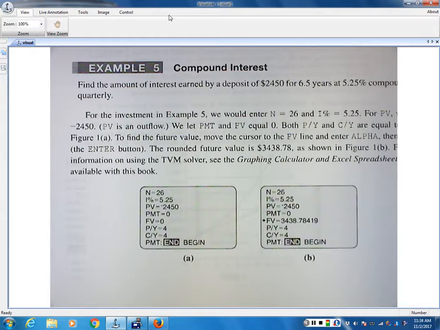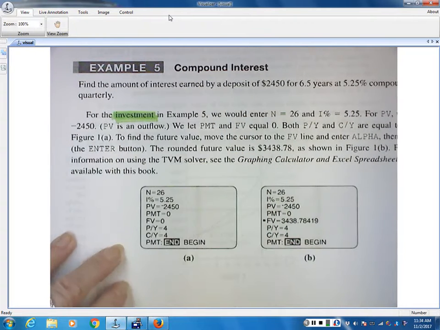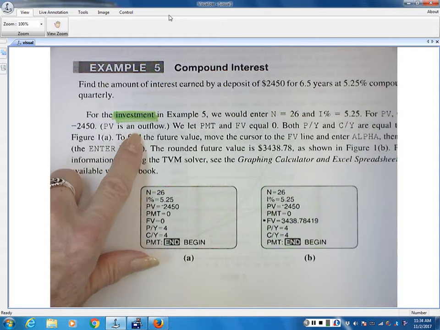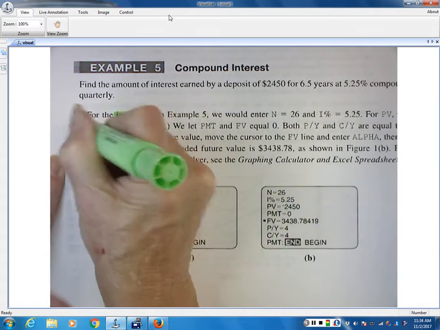Is this an investment or is it a loan? It's an investment. So because it's an investment, we're going to enter the present value as an outflow, and therefore it's going to be negative.